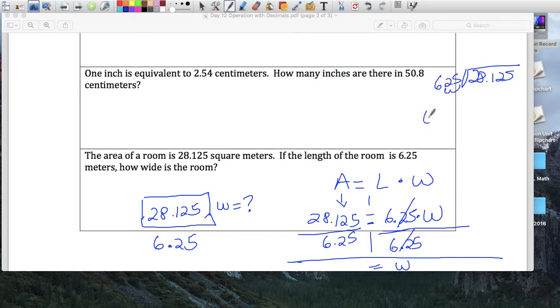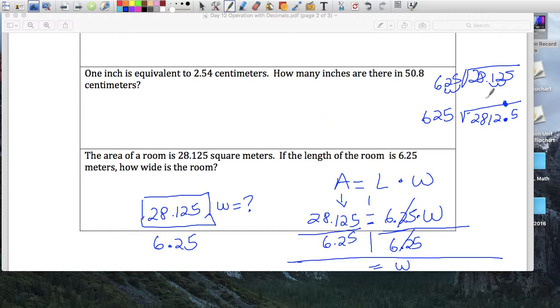Move this 2 over, it becomes 625. Move this 2 over, it becomes 2812.5. Now I can divide. Let me move that decimal up to the quotient before I forget. 625 goes into 2812 about 4 times. Is it 4 times 625?